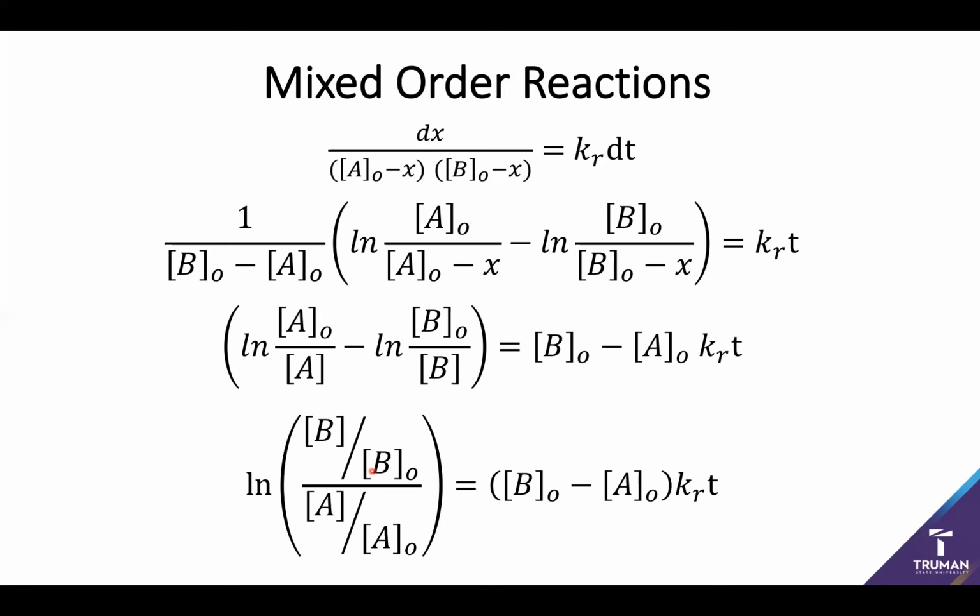However, we can simplify this system if I assume that I had a much larger initial concentration of B than A. So the first thing that you may notice is that this difference over here is simply going to disappear, and it's just going to become the initial concentration of B. We're also going to do a couple other rearrangements, mostly splitting up this big natural log term.